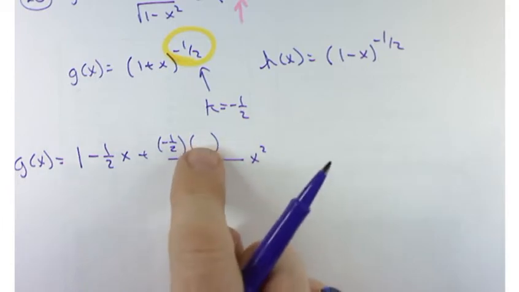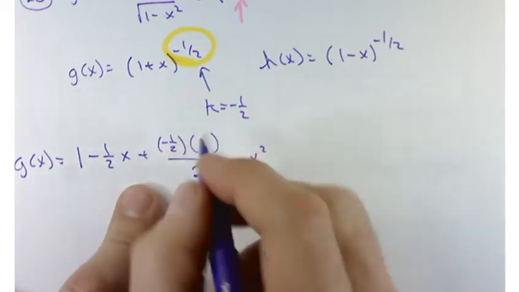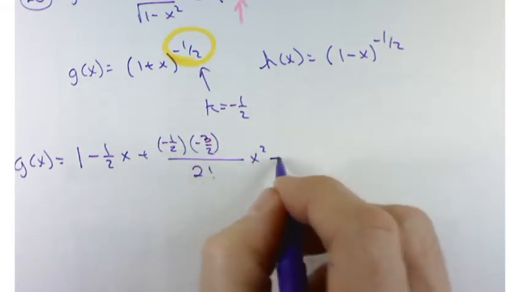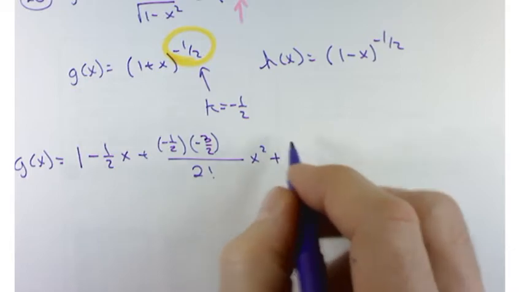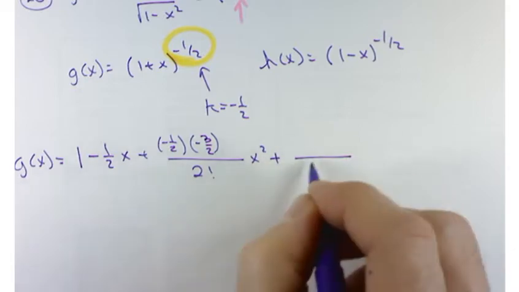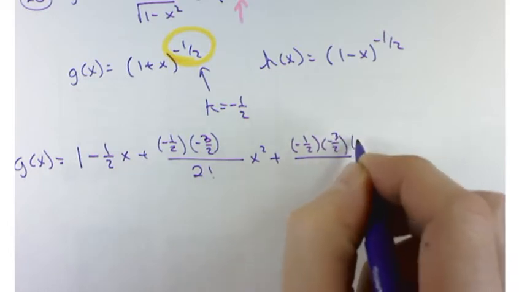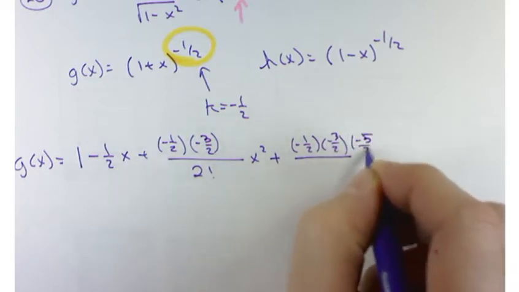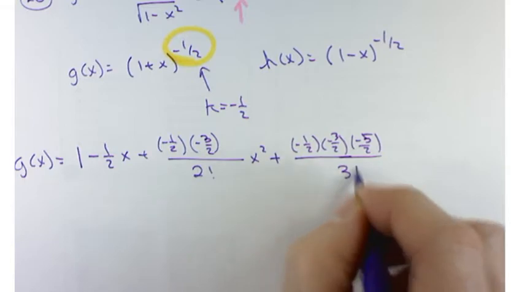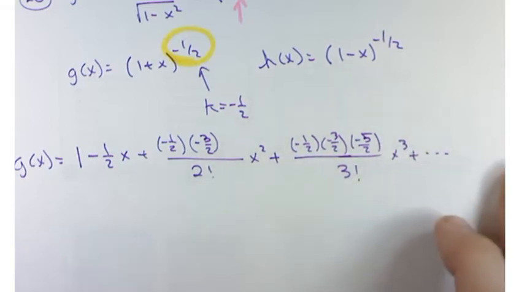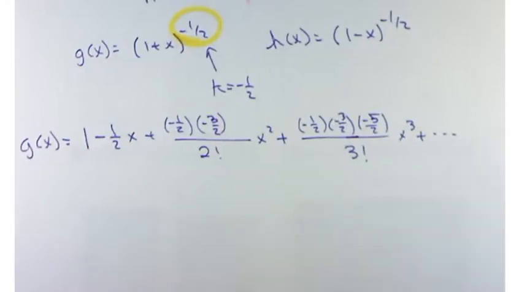What's that something going to be here? Negative 3/2? Thank you. Plus negative 1/2 times negative 3/2 times negative 5/2 over 3 factorial times x cubed. And so on.